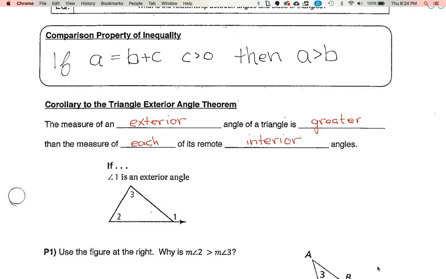Let's read that one more time. The measure of an exterior angle is greater than the measure of each of its remote interior angles.